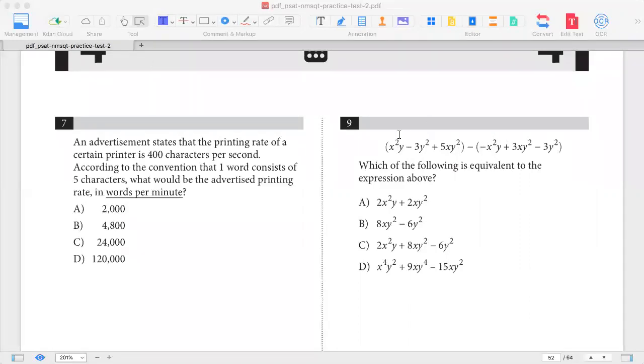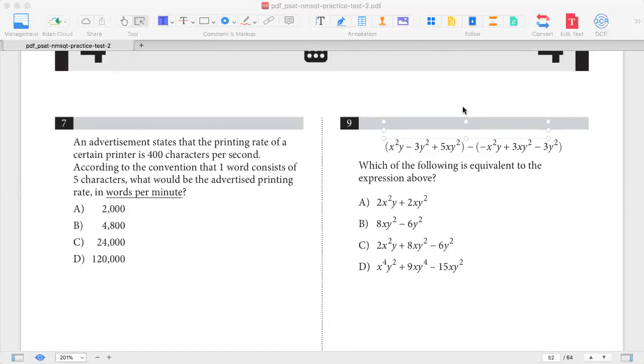Okay, start from the first term and look for a like term to x squared y. Negative x squared y. So which means x squared y plus x squared y, I have 2x squared y, as if I have x plus x, so I have 2x.